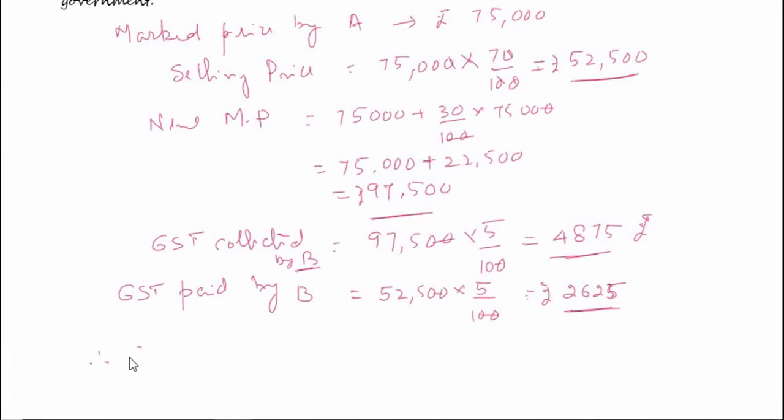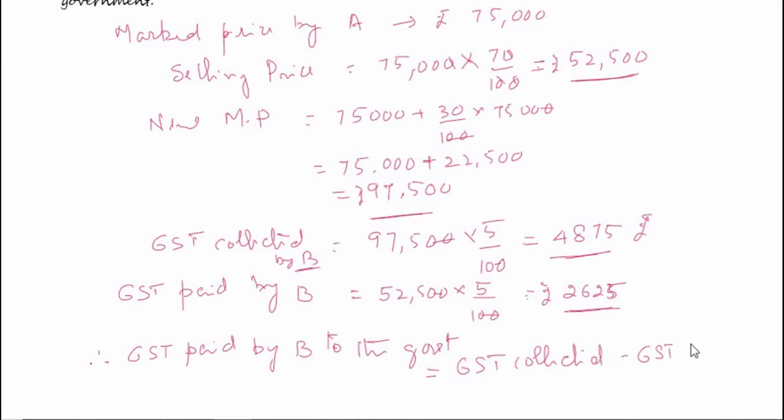Therefore, GST paid by B to the government, that is what we need to find out. So how do you calculate? It is always GST collected minus GST paid.